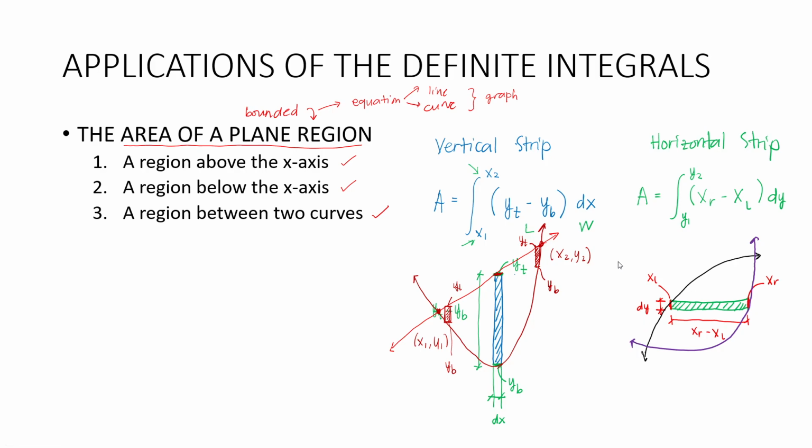Okay, so let's say that's the bounded region. So of course we can say that the bounded region can be defined further by verifying the points first. So for example, this is the point of intersection. So again, this can be defined as x1, y1, and then the other one is x2, y2.